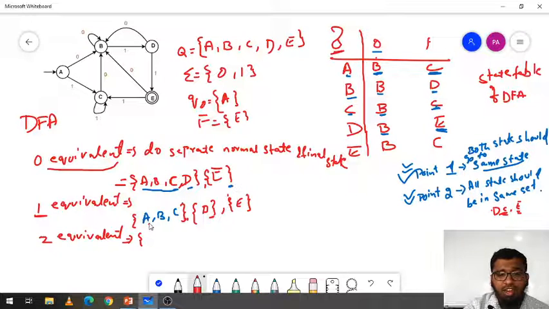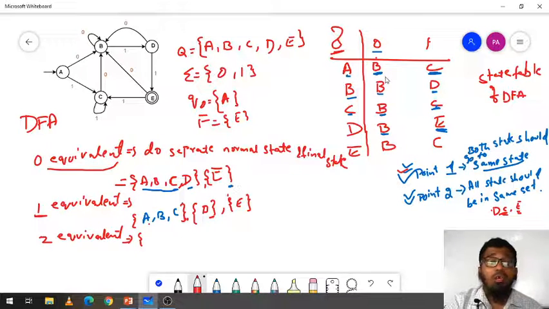So let's check it. A, B. A on 0 is B, okay, and B on 0 is B. First condition is okay, means it is going to the same state only. Next, A on 1 is going to C, B on 1 is going to D. Here D is in a different set and B is in a different set.